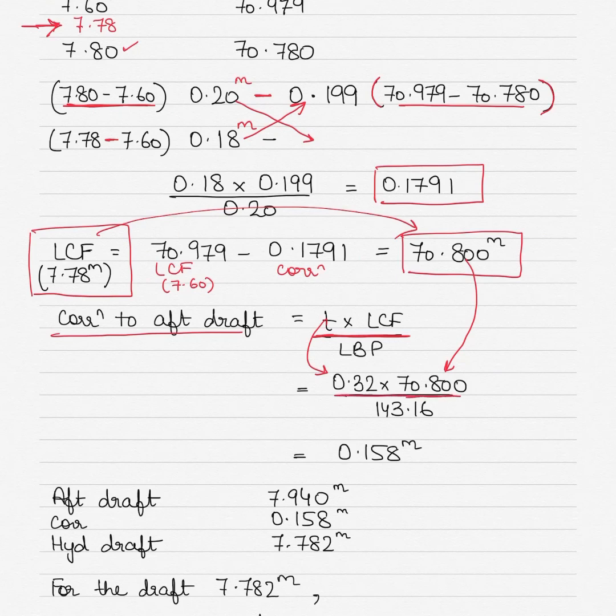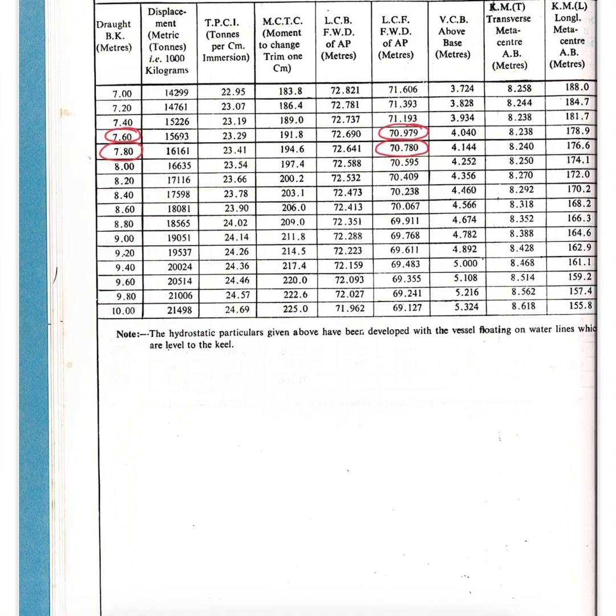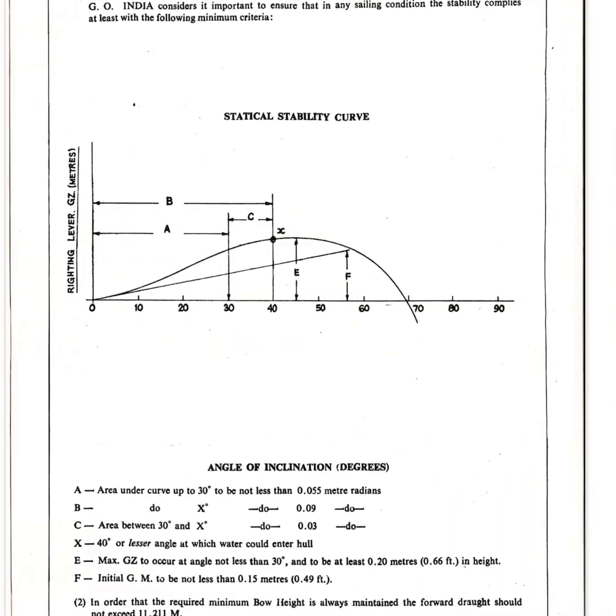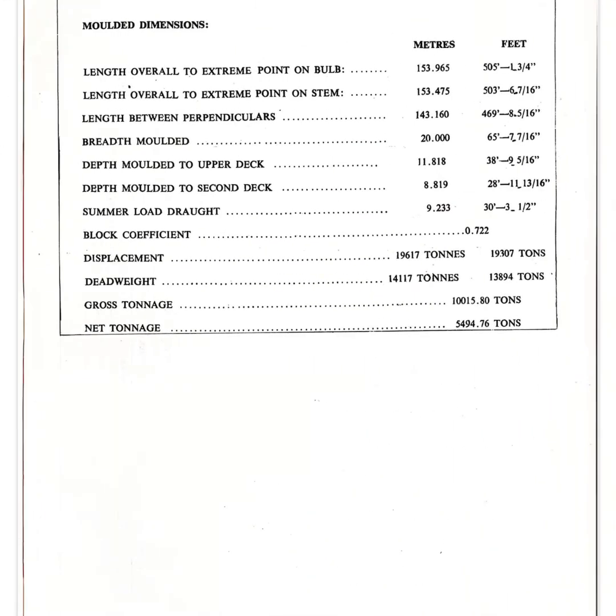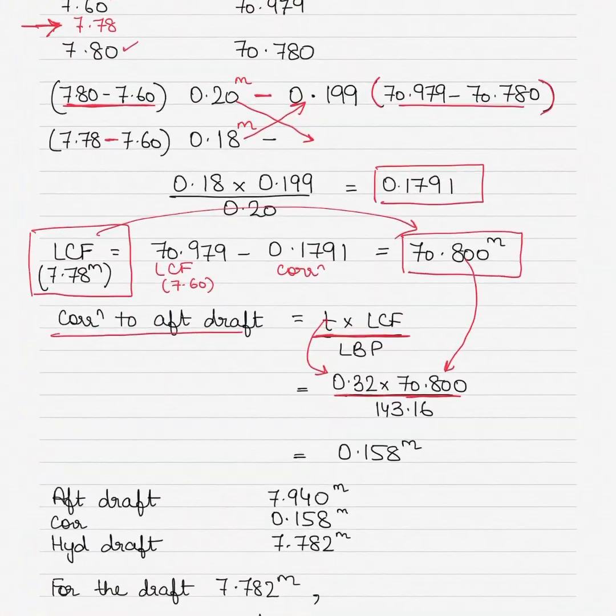And where do you get the length between perpendicular value? Well, you have to go back into the hydrostatic tables. And here, at the beginning of the hydrostatic tables, you can see the length between perpendicular, or LBP, value is given as 143.16 meters. Now because all the calculations here involved are in meters, we will be taking the meters value and going back into the calculation.